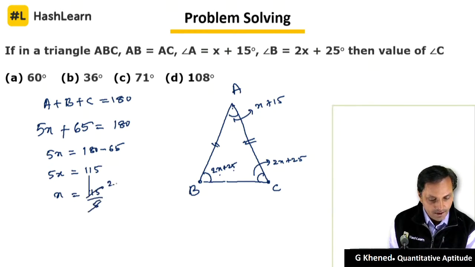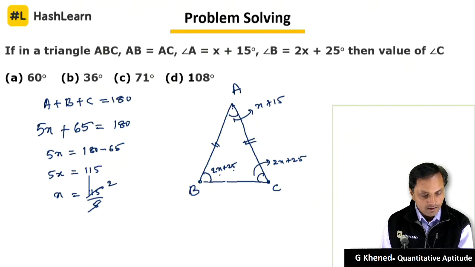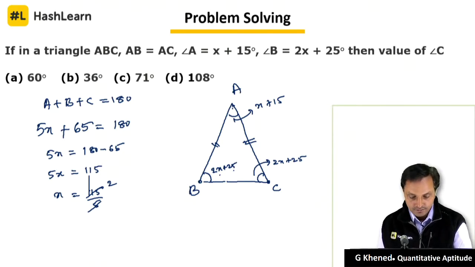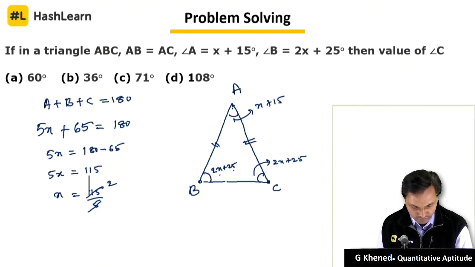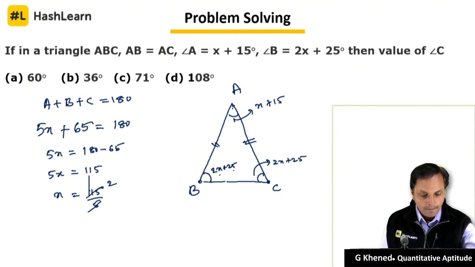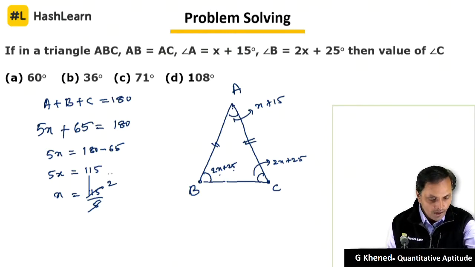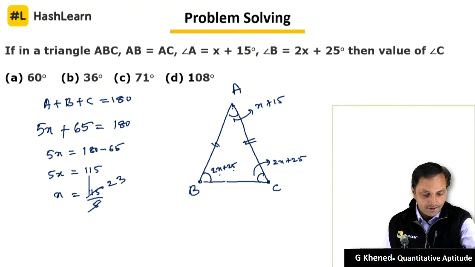So 5 2s are 10, 5 3s are 15. So your x is equal to 23.